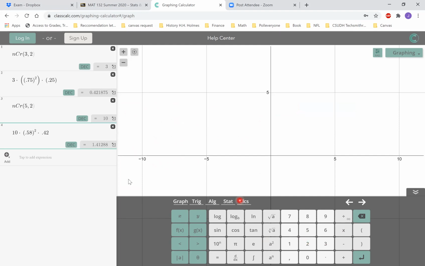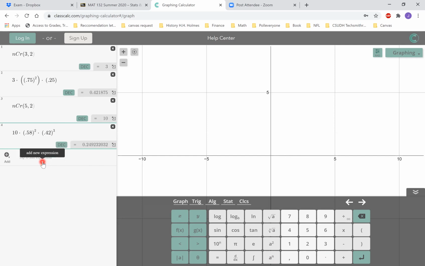For this one, since it's to the third power, you want to use the to-the-n-power key, and you do it to the third power. Sweet. All right, and that's your answer. So you get 0.2492. All right, and that's it for that second problem for binomial.